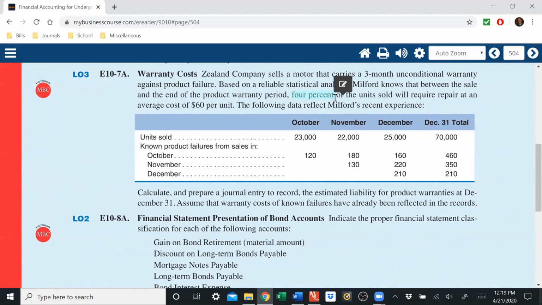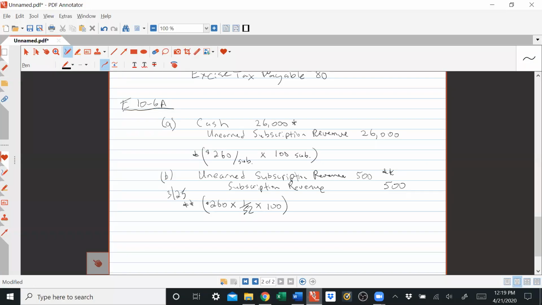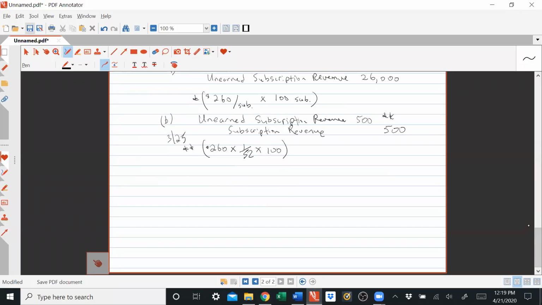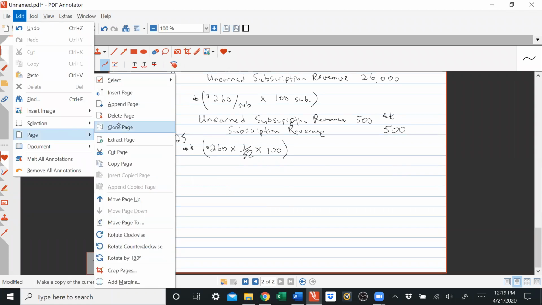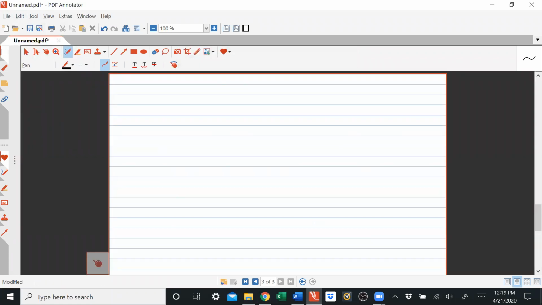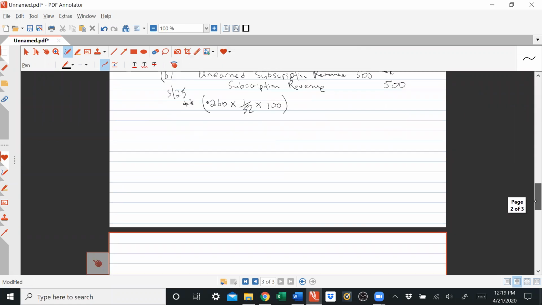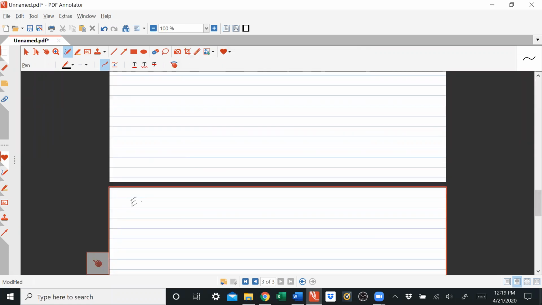So at December 31st, we kind of need to treat this month to month, don't we? Let me think about this for a second. Do we have to treat this month to month, or can we just get a total number of units sold and multiplied by 4%?